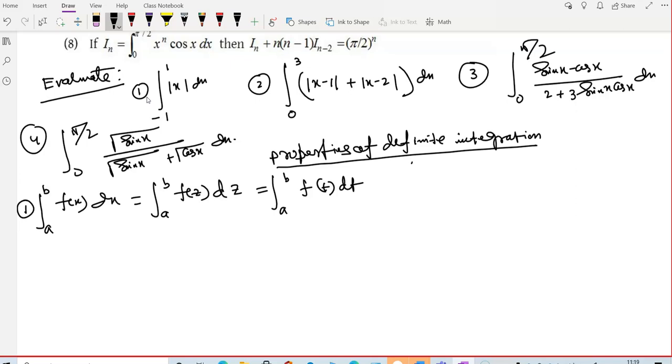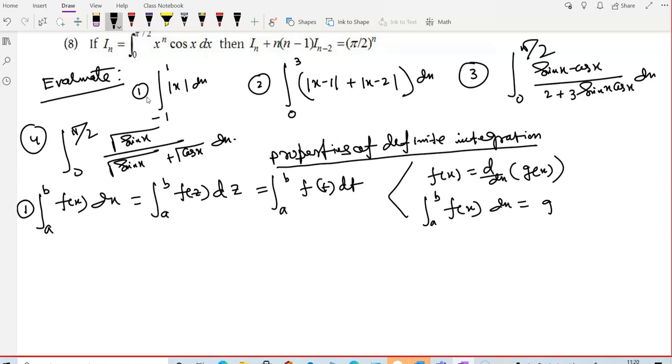This proof I am telling you because you have seen that if f(x) is equal to d/dx of g(x), then g(x) is called primitive. And the fundamental theorem of integral calculus, we have learned this manner: integral from a to b of f(x) dx is equal to g(x) from a to b.